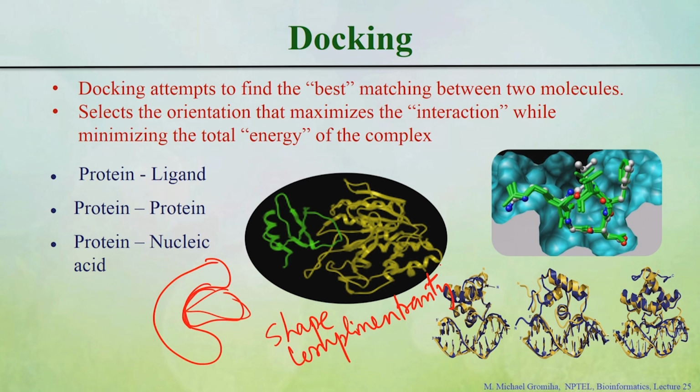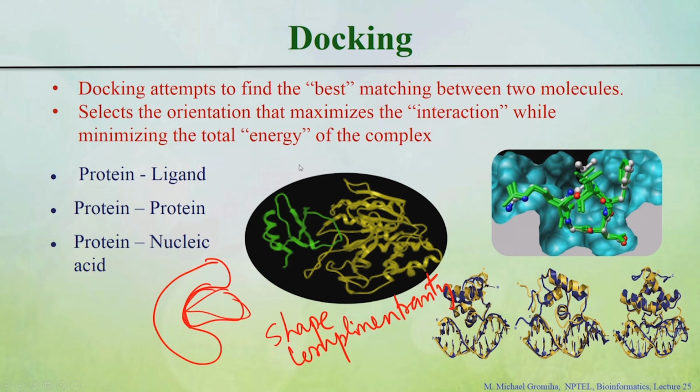So, find the best match. Then if you do like this, what will happen? The orientation changes, which maximizes the interaction between the protein and the ligand and minimizes the total energy of the complex. In this case, it gives a strength of binding. You can see various examples like protein nucleic acids, protein ligand, and so on.